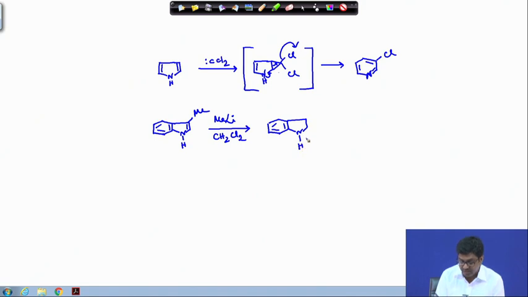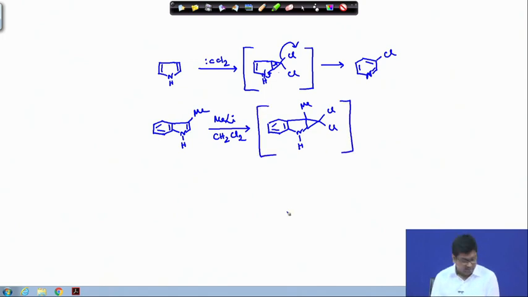Then actually it will form, as per the expectation, this fused ring system where it has this cyclopropane ring, and once this forms, the ring expansion will happen through this way, to provide the quinoline moiety.